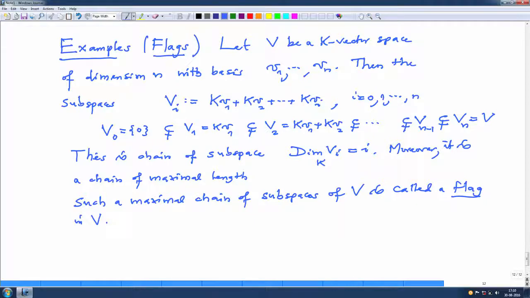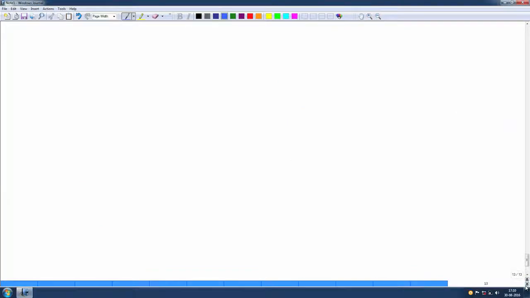So, some more examples. Let us also look at the next one. Suppose U and W are two subspaces of V, and suppose U and W both are finite dimensional.